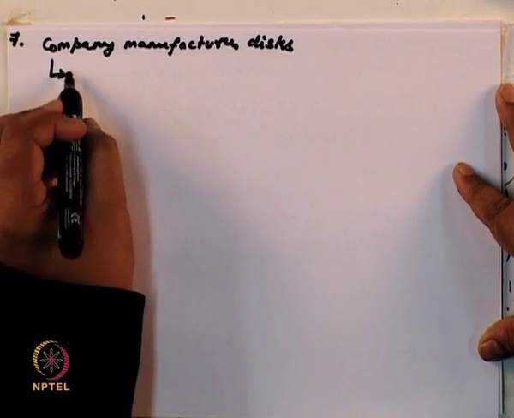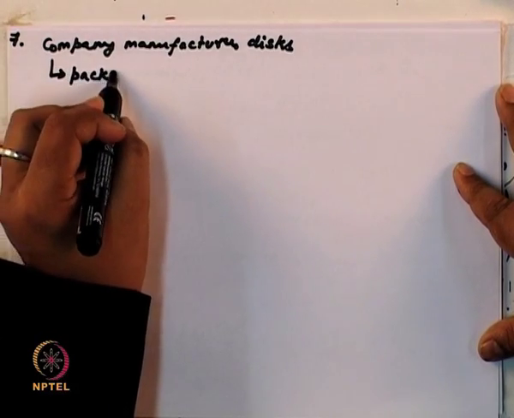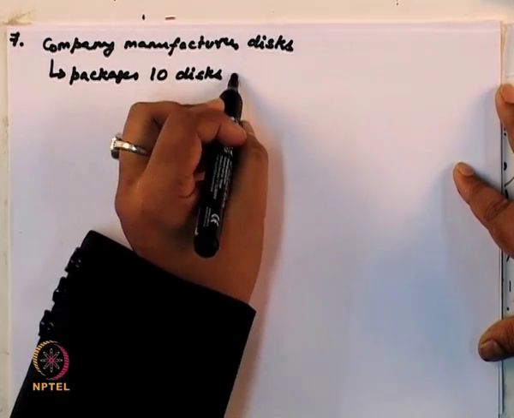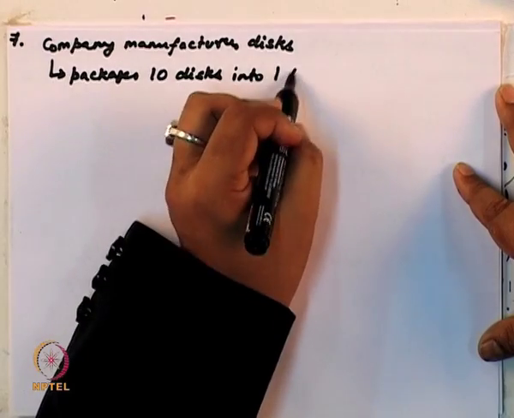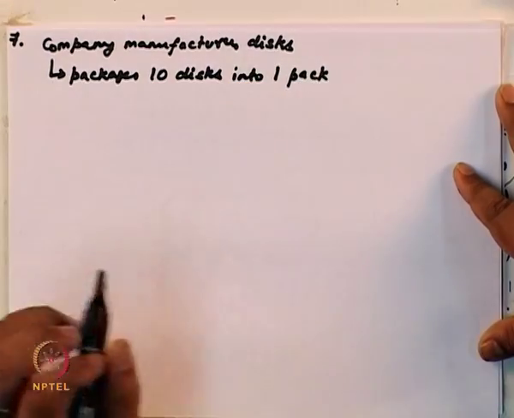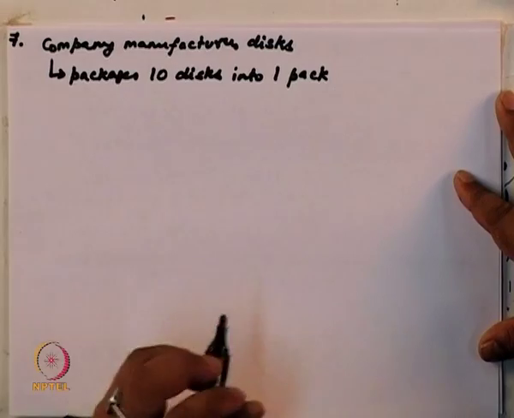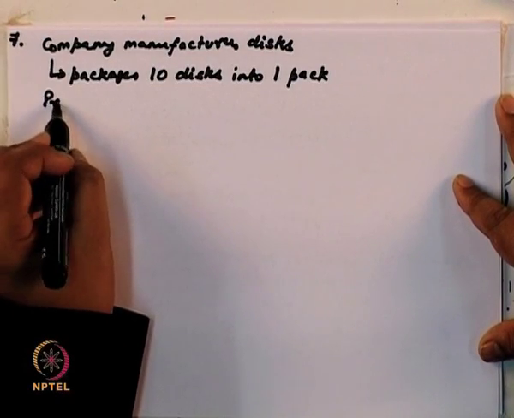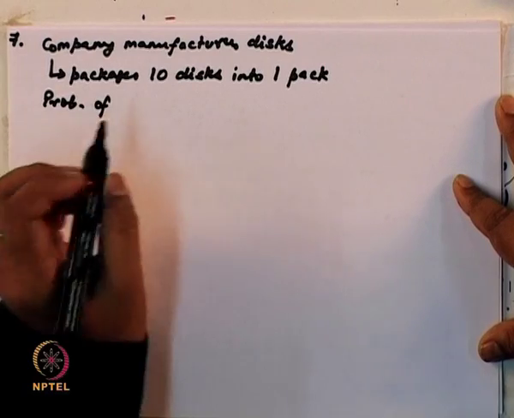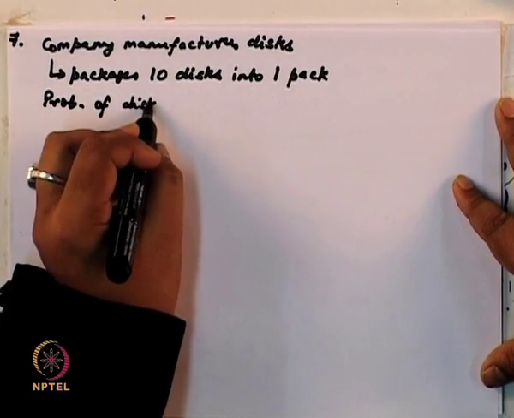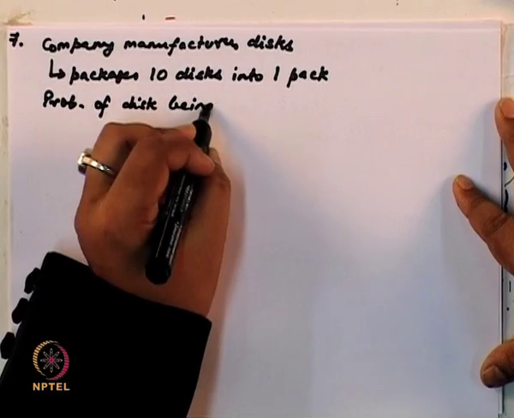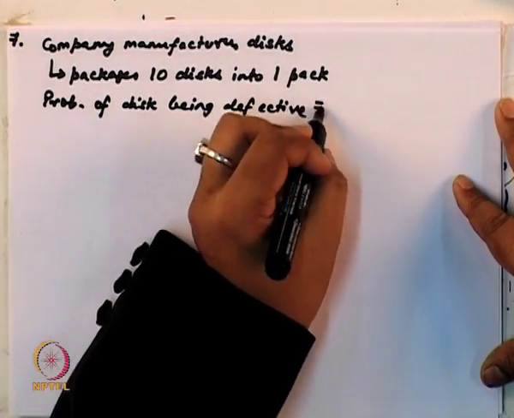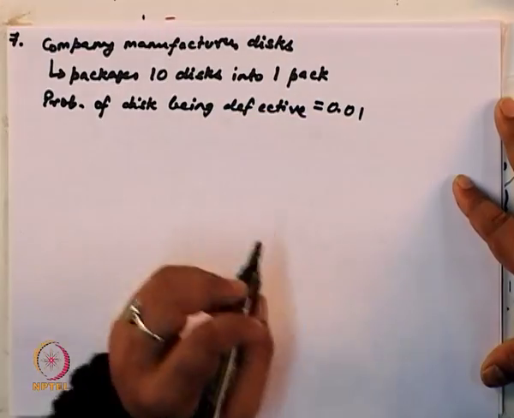It packages 10 discs into one package, one pack. The probability of a disk being defective is equal to 0.01.